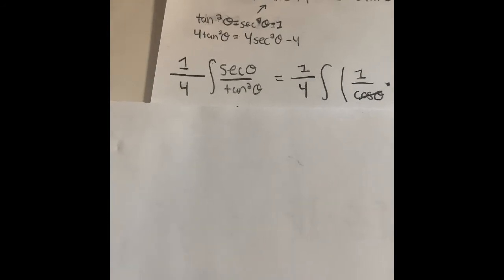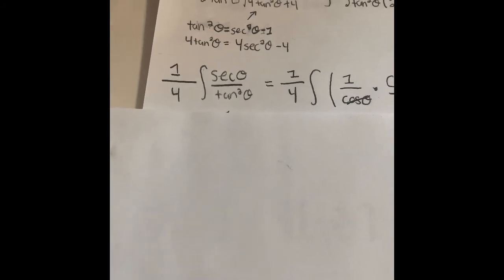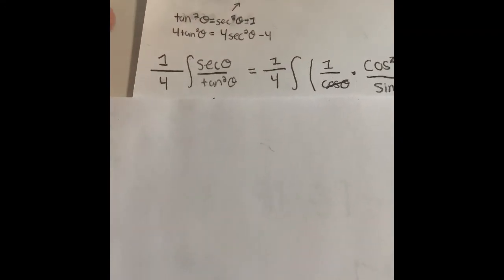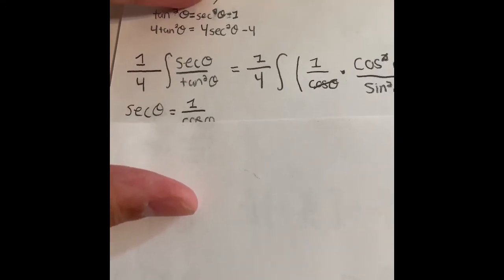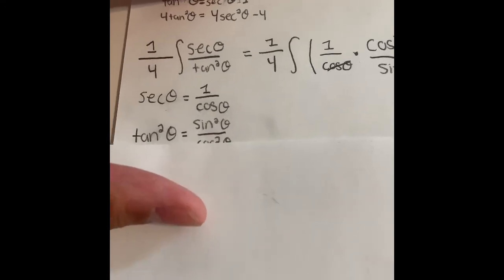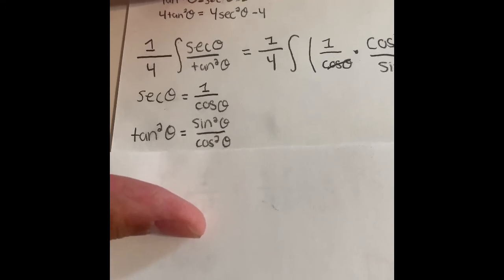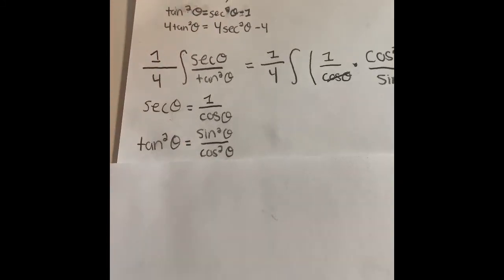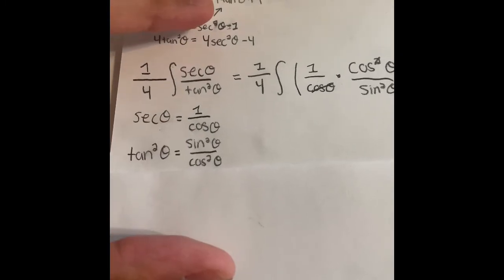So now that we have 1/4 times the integral of secant theta over tangent squared theta, we can use some trig identities to figure this out. Secant theta is equal to 1 over cosine theta, and tangent squared theta is equal to sine squared theta over cosine squared theta.